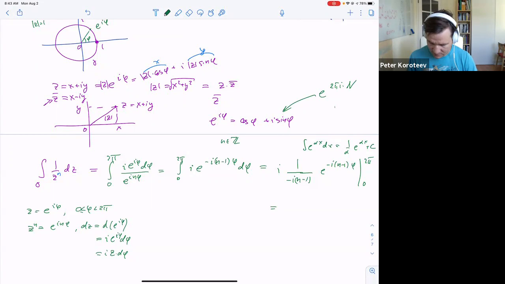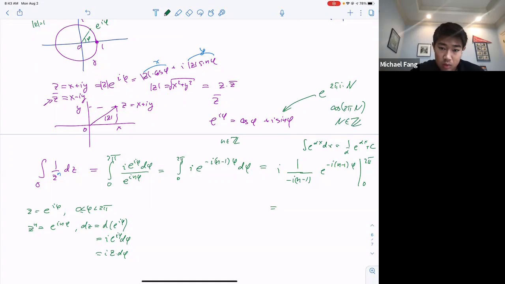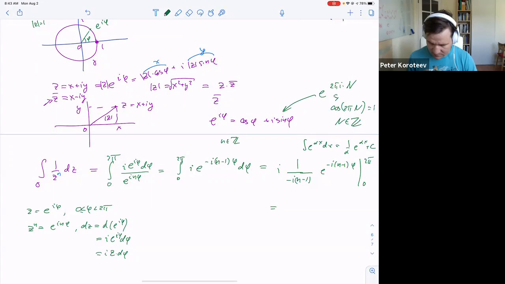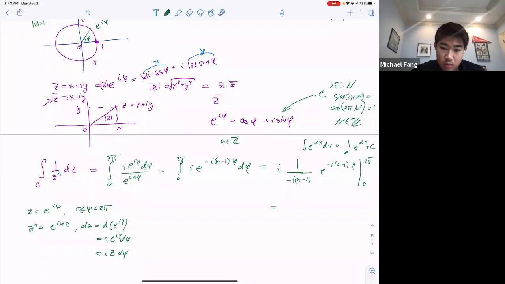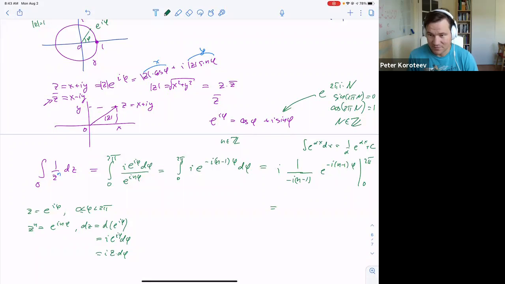So what is cosine of 2 pi n, where n is an integer? One. That's right. So it's equal to 1. And how about sine of 2 pi n? 0. Good. Because it's a periodic function, right? With period 2 pi, that's what it means.